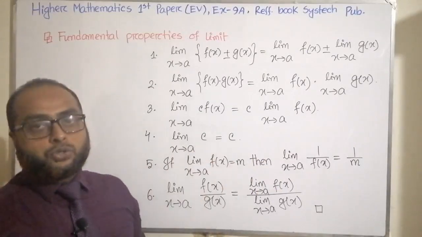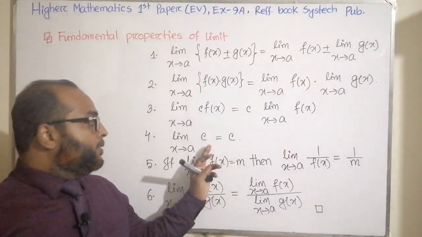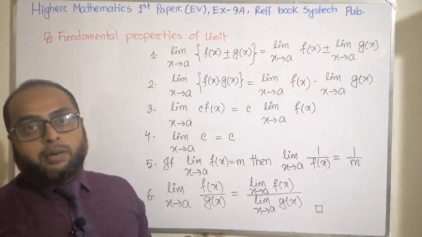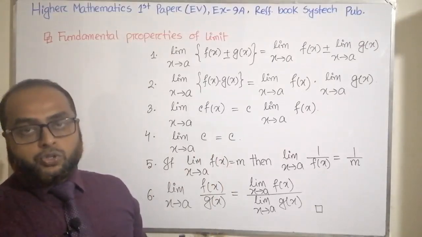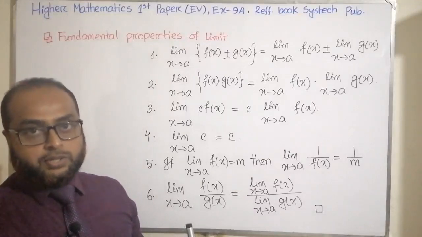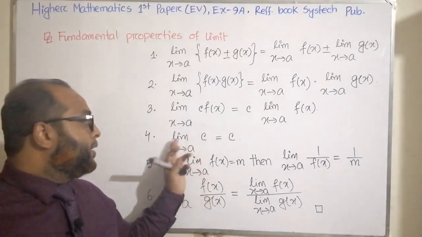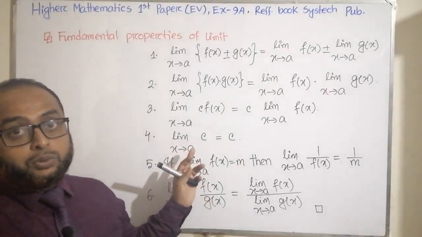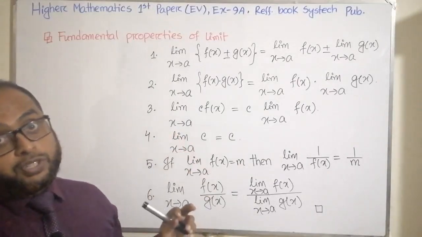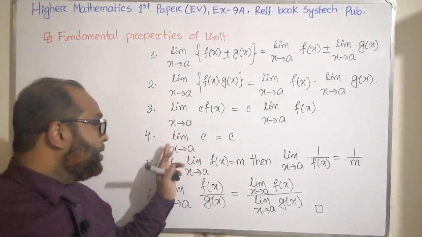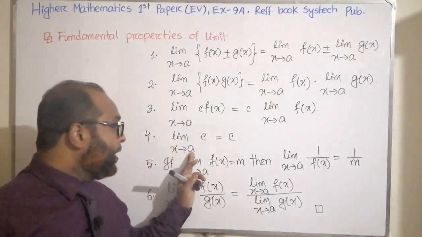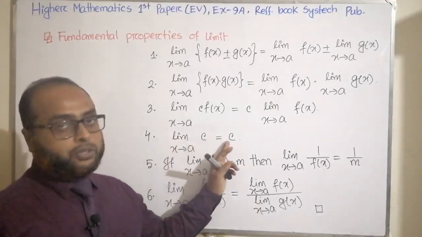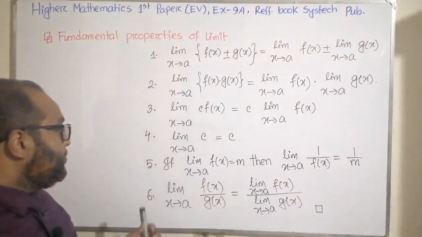Here c is a constant and you know the value of any constant remains unchanged, so the rate of change of this constant will be 0. For this reason limit x tends to a, c, equals c.